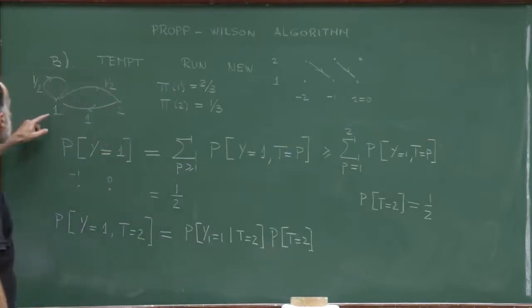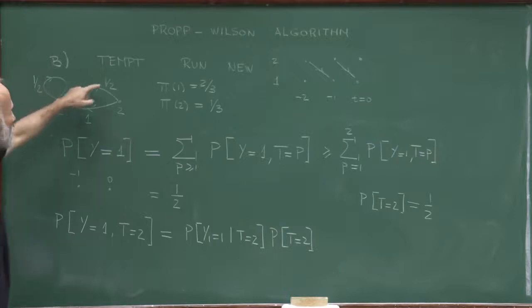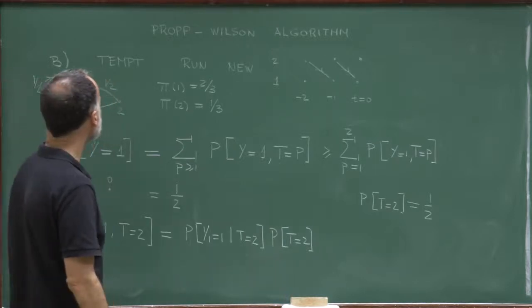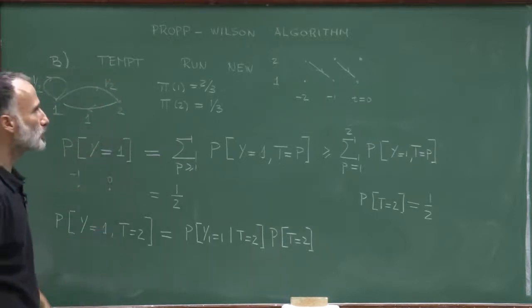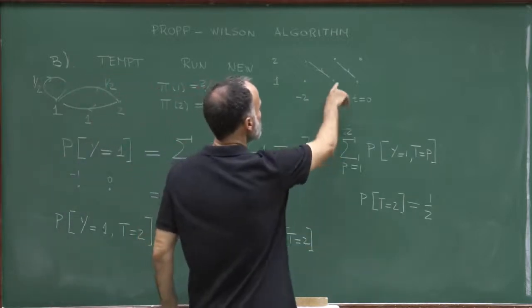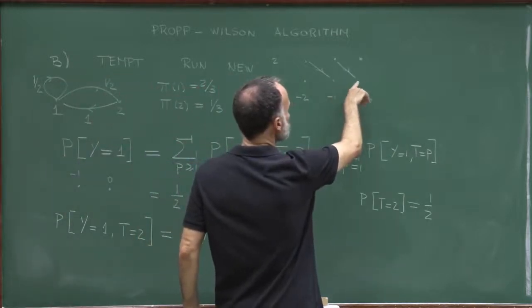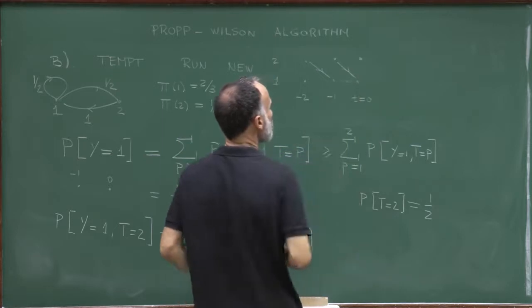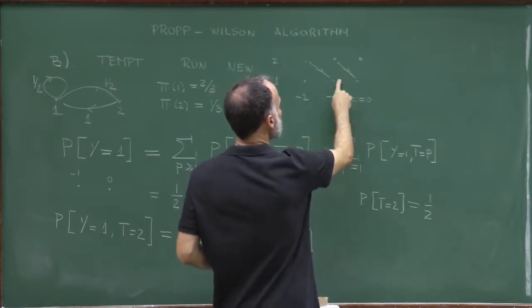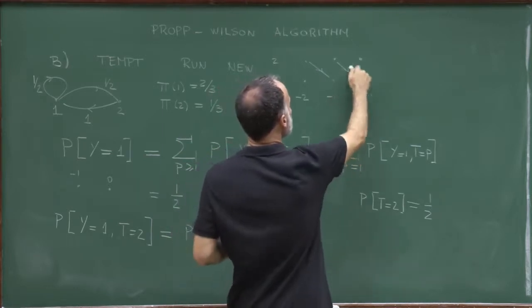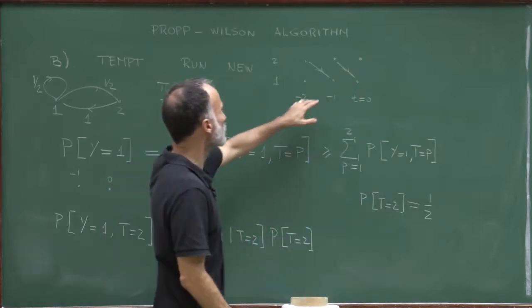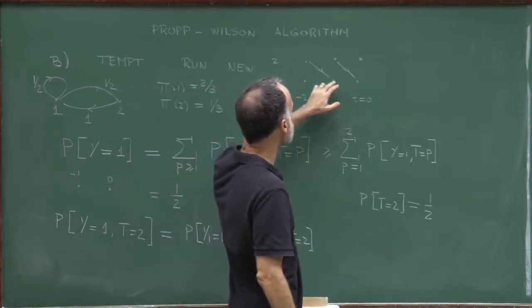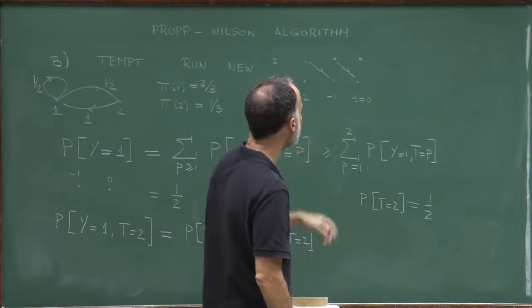On the other hand, from state 1, we can jump to state 1 with probability 1/2, or to state 2 with probability 1/2. This means that here I can draw an arrow from 1 to 1, and an arrow from 1 to 2, each with probability 1/2.